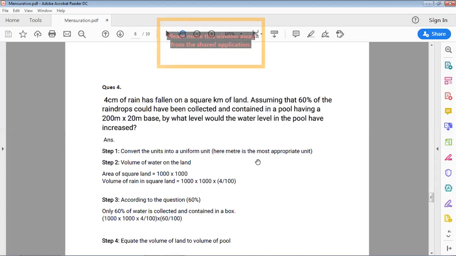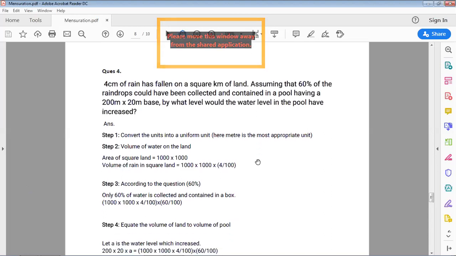I will read it again: 4 centimeter rain has fallen on a square kilometer of land. This part of the question, square kilometer of land, means 1 kilometer by 1 kilometer. This is the base of the land on which the rain is falling. So this is the second step, volume of the water on the land. The area of the land is a square kilometer, and we have converted kilometer into meters, therefore 1000 into 1000.